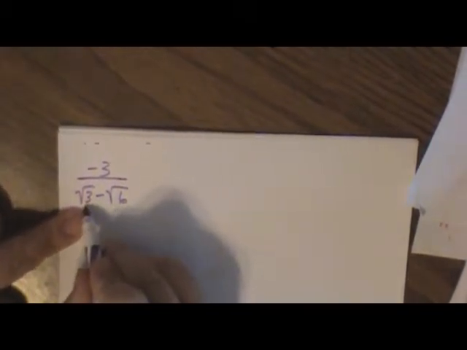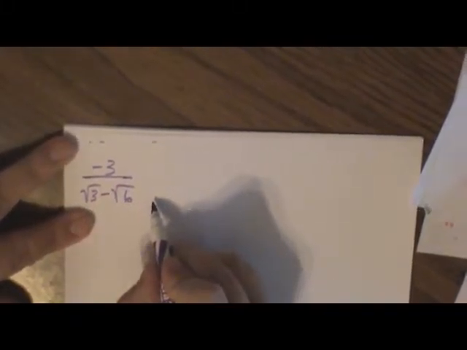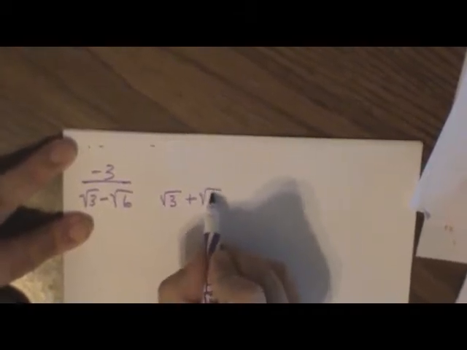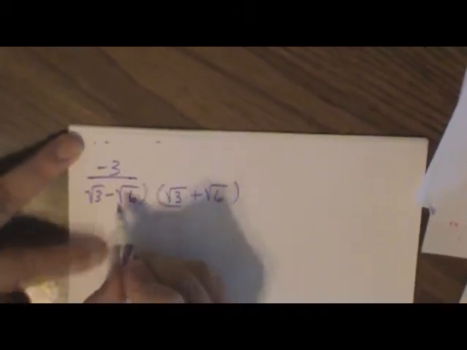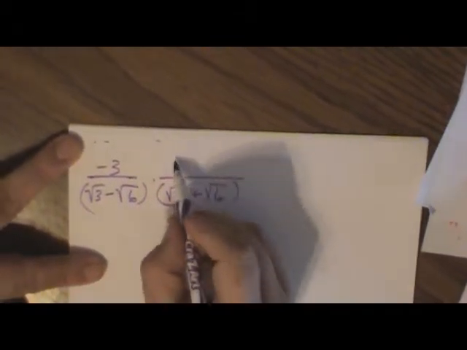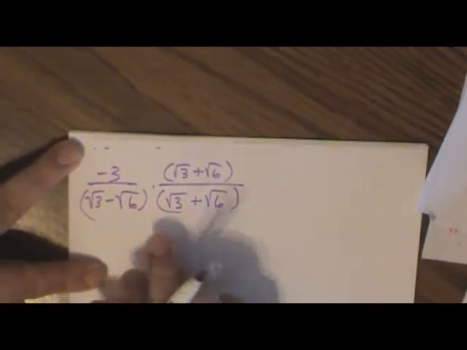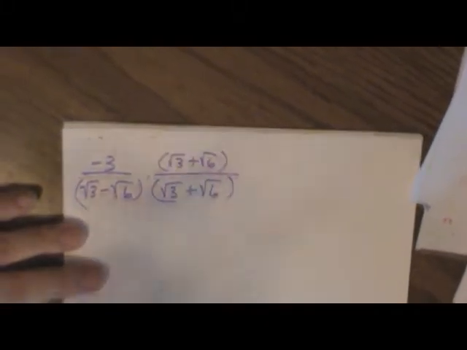So the conjugate of the square root of 3 minus the square root of 6 is the square root of 3 plus the square root of 6. And when you FOIL those together, you're going to be able to get rid of those radicals.